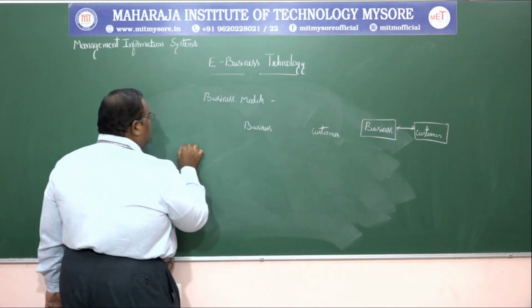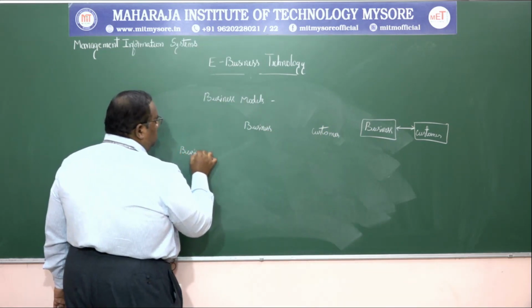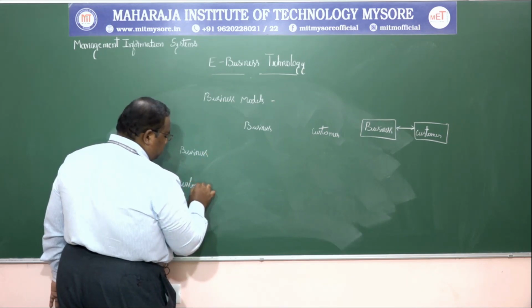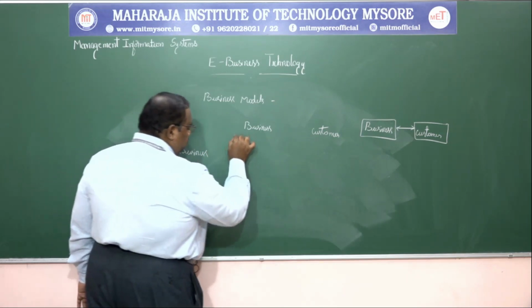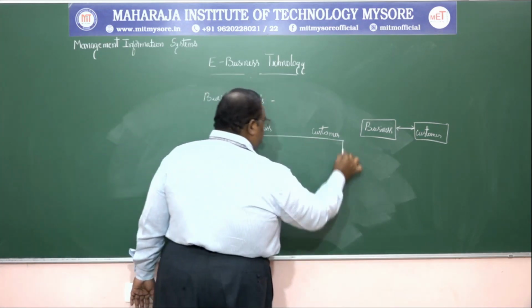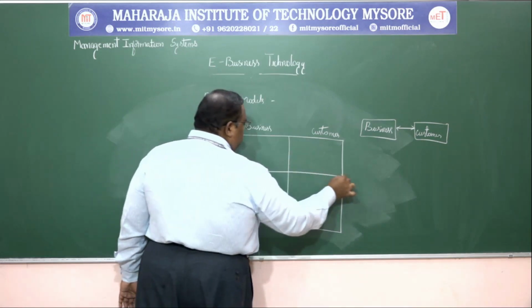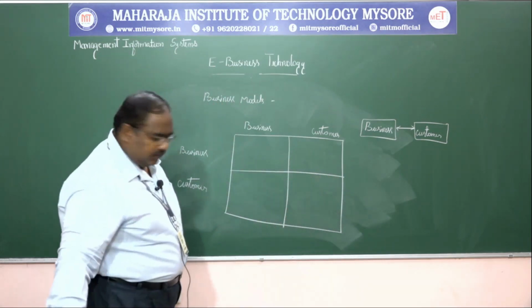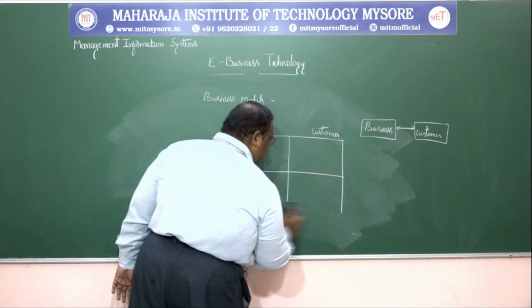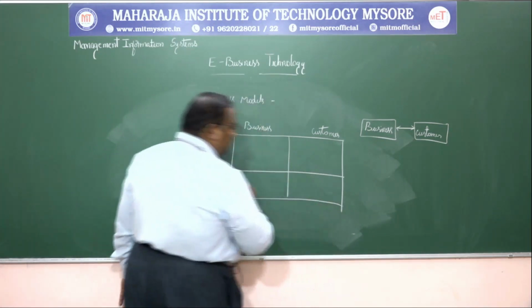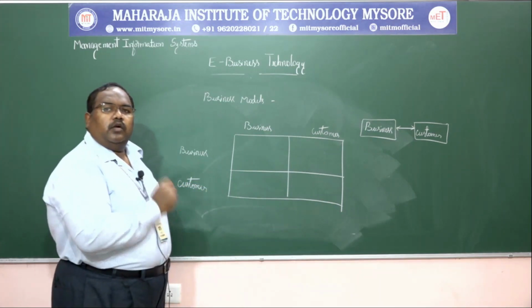Again we have a business and customer. So I have this graph, a box kind of representation. Look at this now.